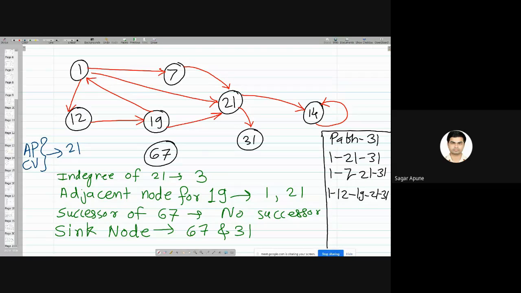Right, the graph remains connected after removing 19. So I think there is only a single articulation point, that is 21. Right, only node 21 is the articulation point. Okay, it is very easy.